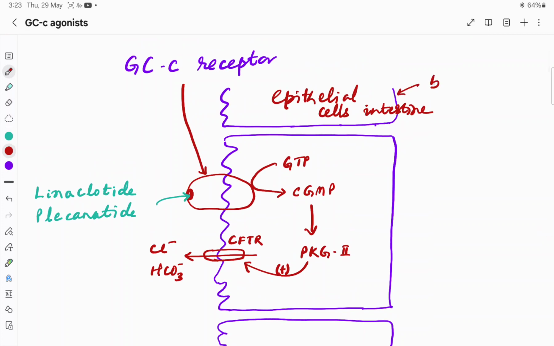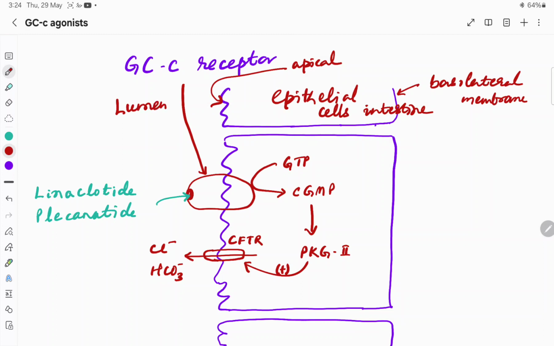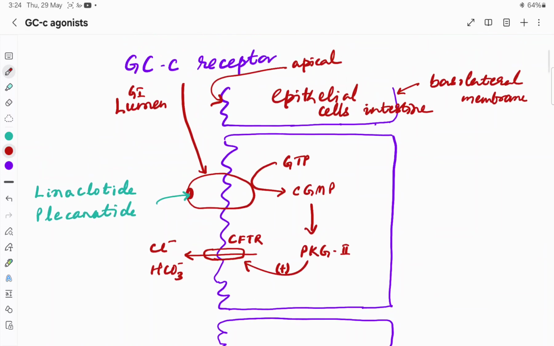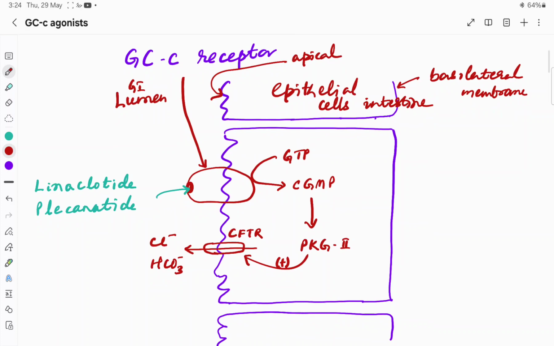This is the basolateral side and this is the apical side. So, apical membrane and basolateral membrane, and this side is the lumen. So the GI lumen is there, and guanylate cyclase C is located in the apical membrane of the epithelial cells.